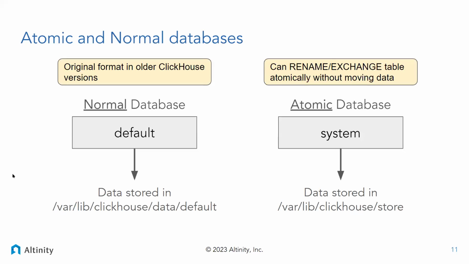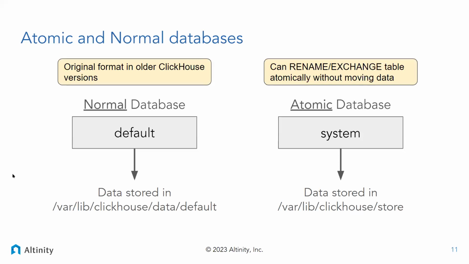If you're using, for example, the default database on an older server, or a server that's been around for any length of time, it will be a normal database. What that means is that you can just walk the directory structure: find the database, that's a directory, find the table, that's a directory, and then look at what's in it. You can actually see the parts in their constituent files.